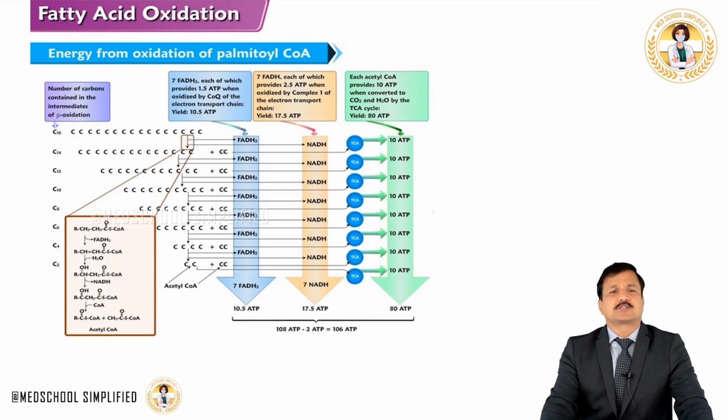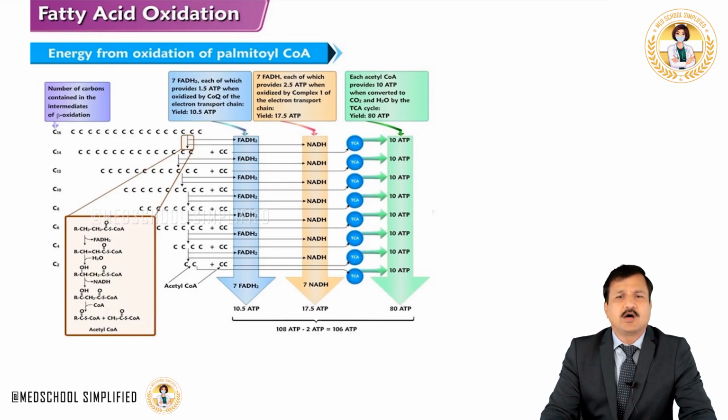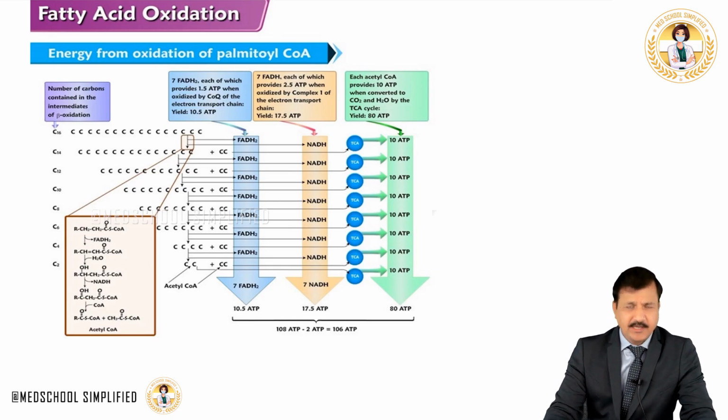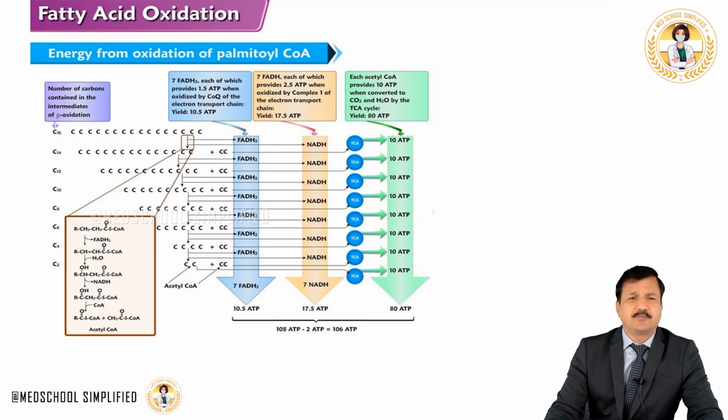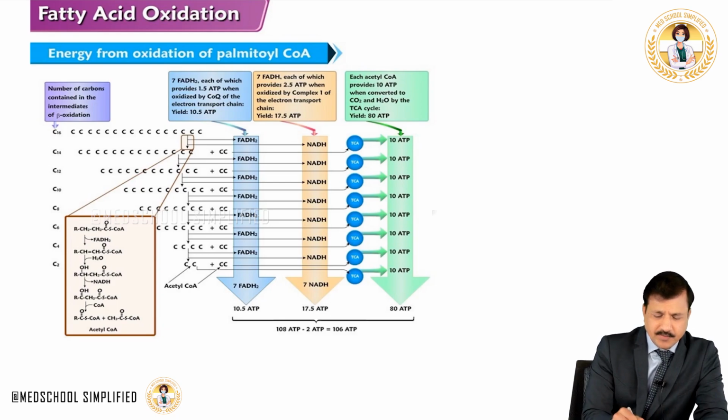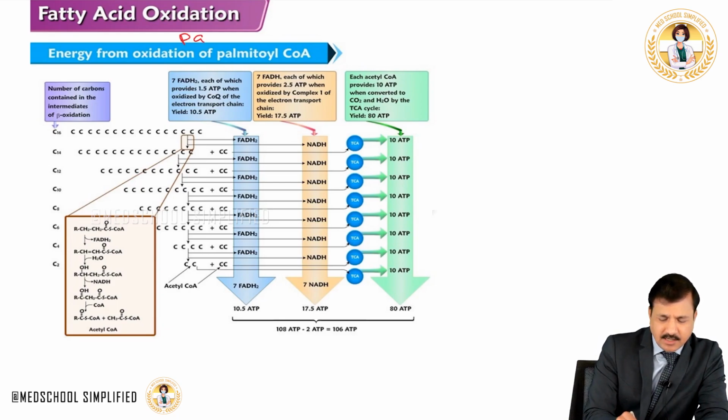Now this slide shows how beta oxidation of palmitic acid goes on and how much energy we get from the complete oxidation of palmitoyl-CoA.